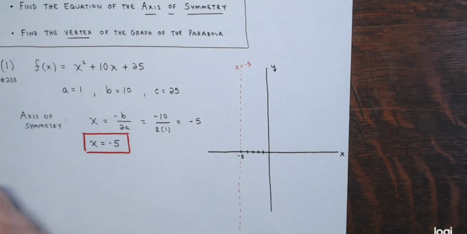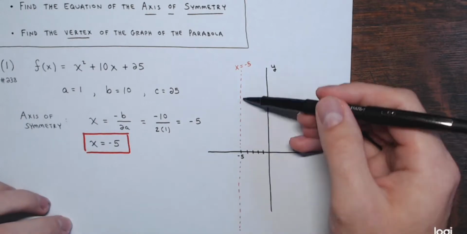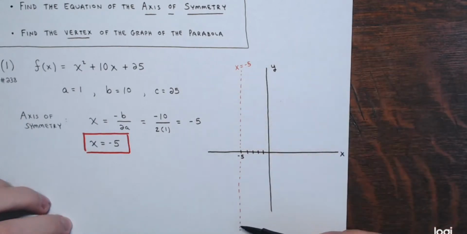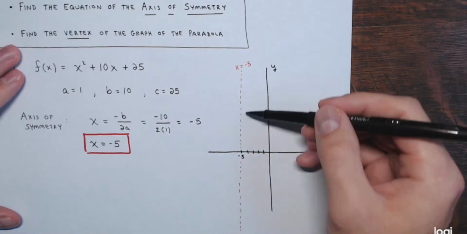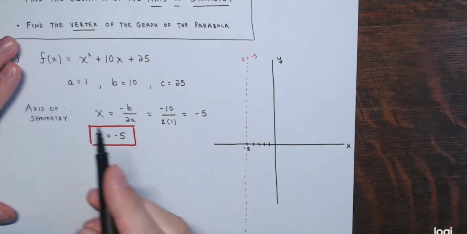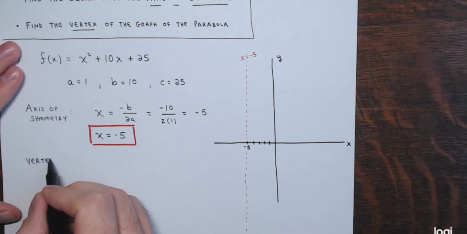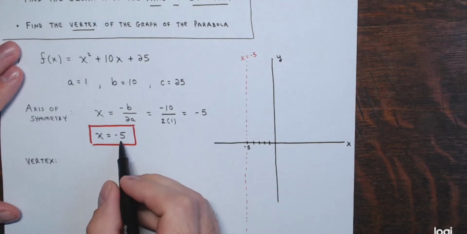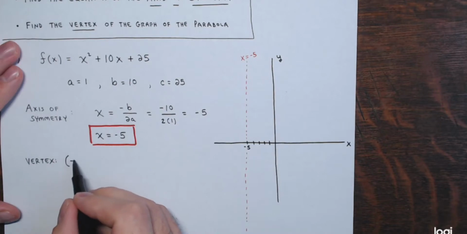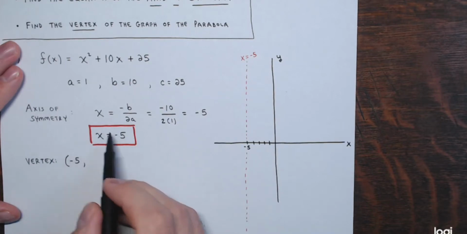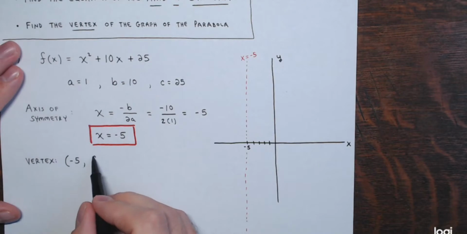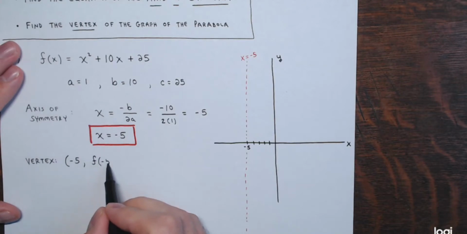All right, now in part B, find the vertex of the graph. Now the vertex will be the point of the parabola that's on this line. For the vertex, I know the x-coordinate is negative 5. The input is negative 5, and then the output will be whatever f of negative 5 is. I'm just plugging negative 5 into the function.